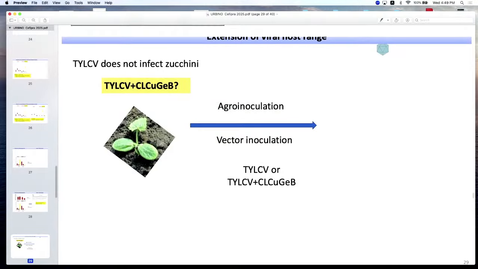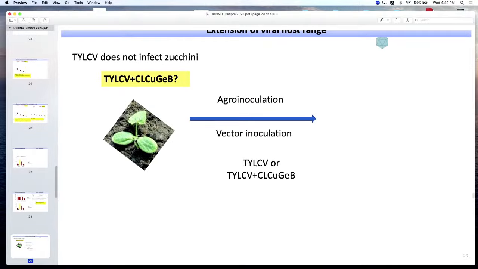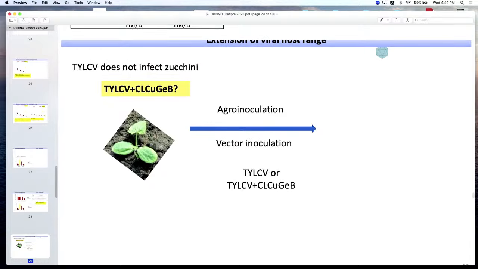Then we thought that maybe, we know that in Europe, TYLCV doesn't infect zucchini. But since this beta satellite can overcome the resistance, the gene silencing in the plant, we thought that maybe it could infect zucchini when it is associated with the satellite.